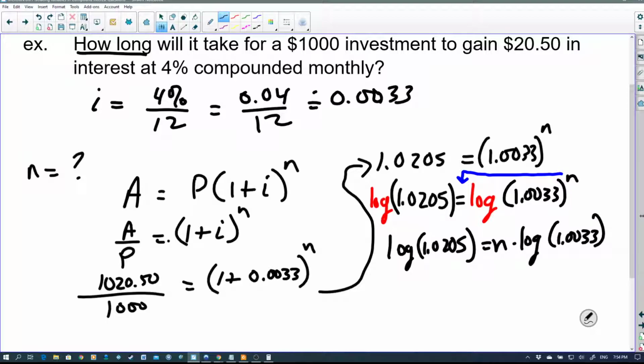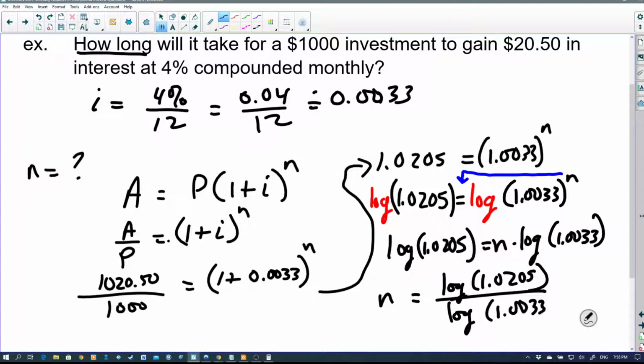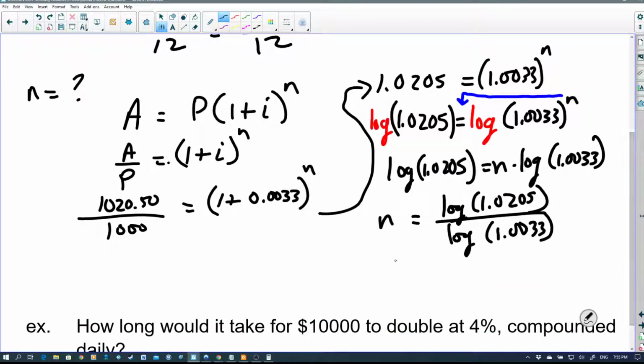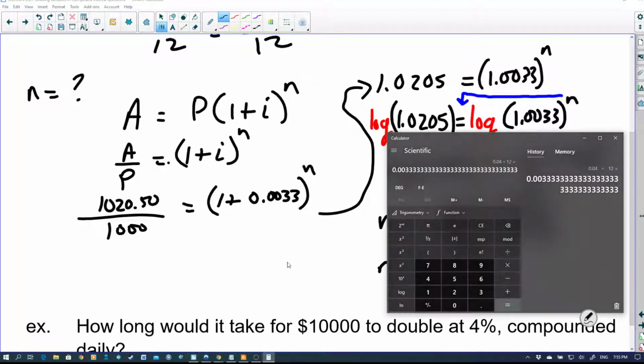And because this is now a multiplication, I can isolate n by bringing log of 1.0033 underneath and dividing, but rearranging to get n on the left, that's going to give us log of 1.0205 divided by log of 1.0033. And that's going to give us our n value, but we're not going to be done yet. I really should have put that next question on the next slide, but anyway.